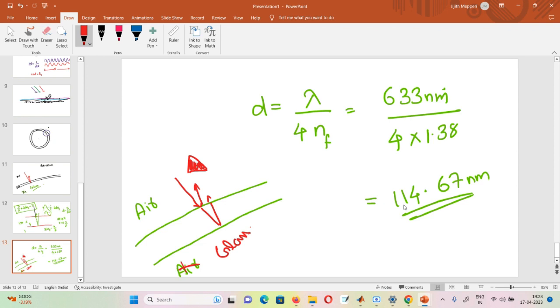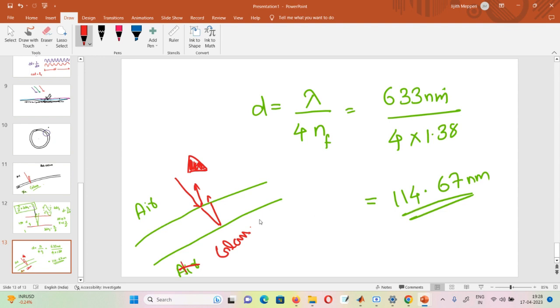It will satisfy destructive interference instead of constructive interference. You will see that red light is never going to reflect back. So if this is glass and you put the same thickness that gave constructive interference for a bubble, you are going to get an anti-reflection coating for the red light.